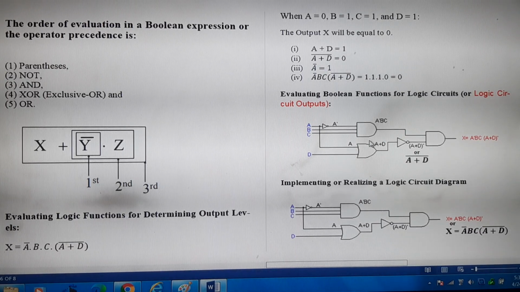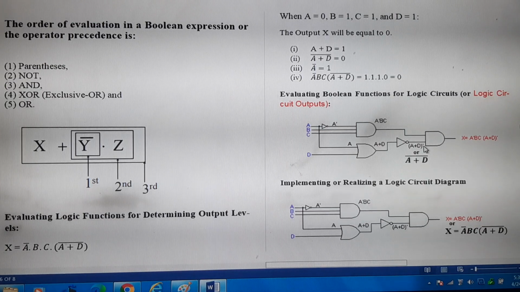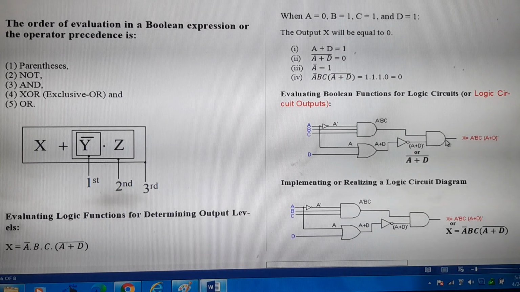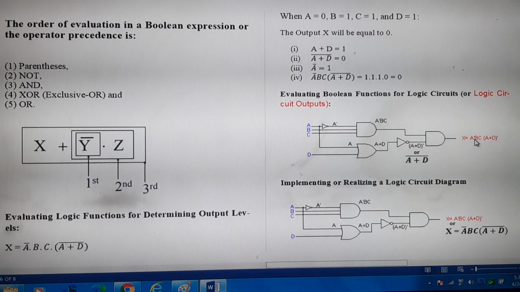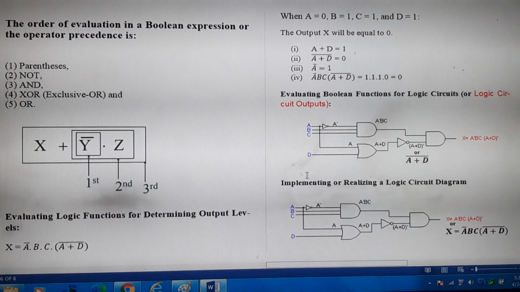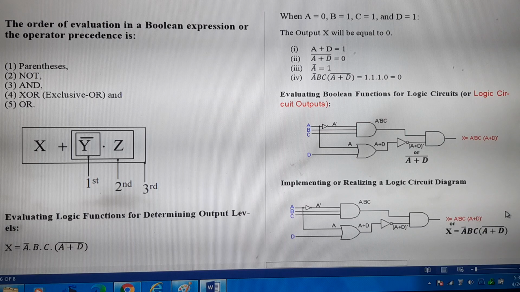The output of this OR gate is a plus d, and if we invert it, it becomes a plus d prime or a plus d bar. Now the output of this AND gate will be equal to a prime dot b dot c dot a plus d prime. Similarly, we can also implement or realize a logic circuit diagram from a given expression or Boolean function.